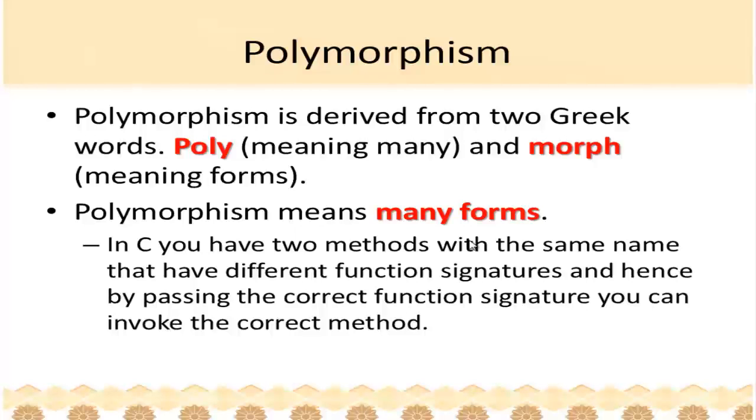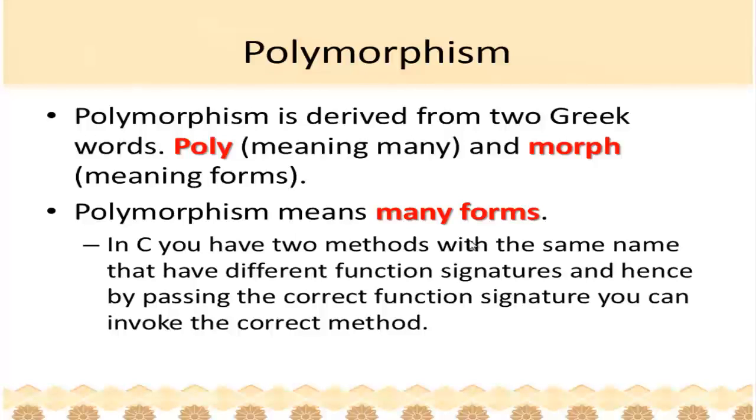There are two types of polymorphism: static polymorphism and dynamic polymorphism. Static polymorphism is a situation wherein there are different forms, but at compile time the compiler is able to recognize the form and fix it. So when you write the code, if the compiler is able to tell which form you are using, that is called static.